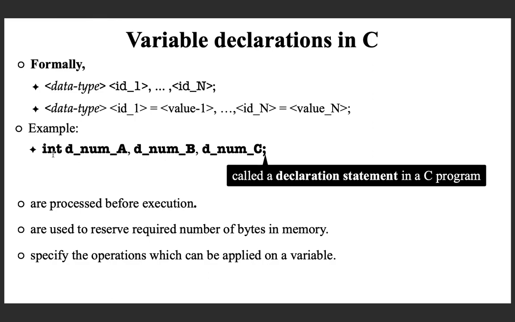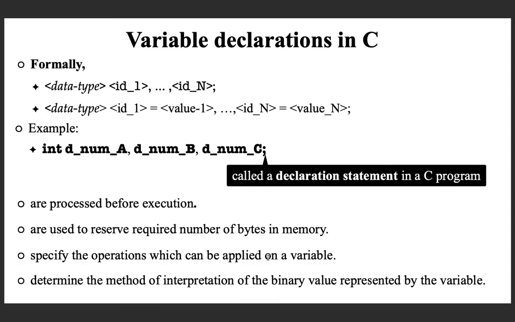Because you are associating a data type, its number of bytes and also operations are implicitly specified. And finally, it determines the method of interpretation of the binary value represented by the variable. Because it is an integer, the binary value will be interpreted as a decimal integer.